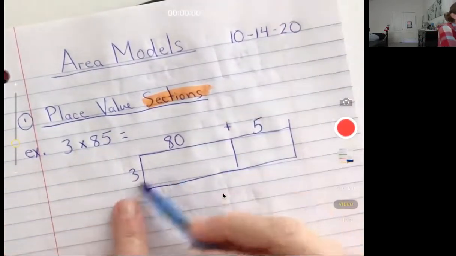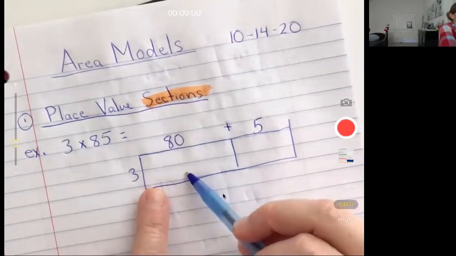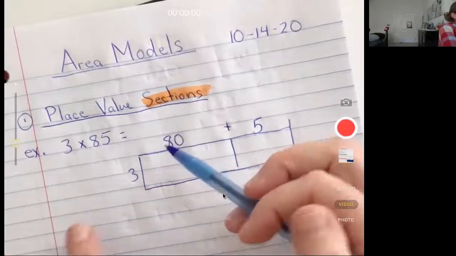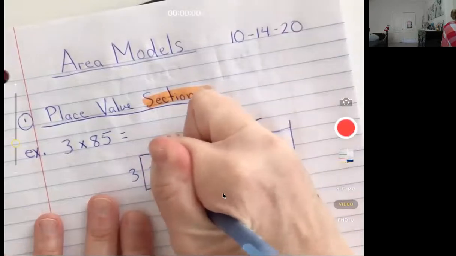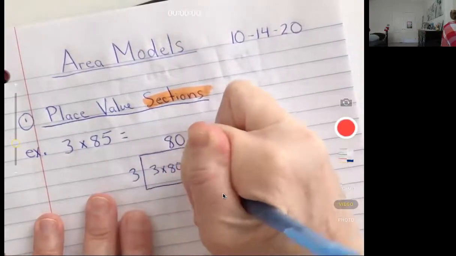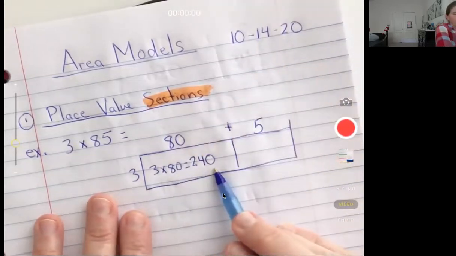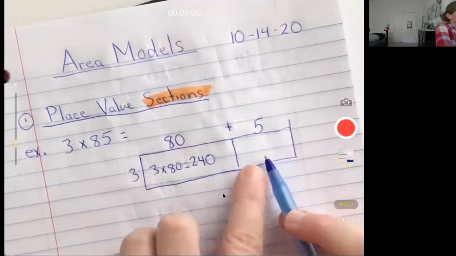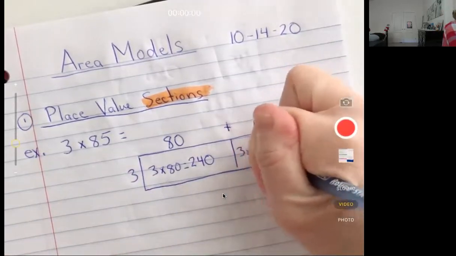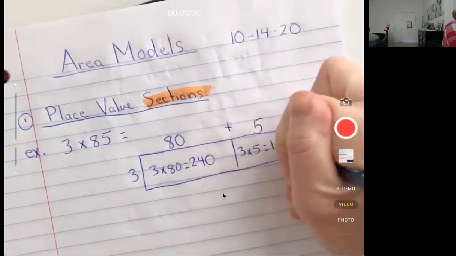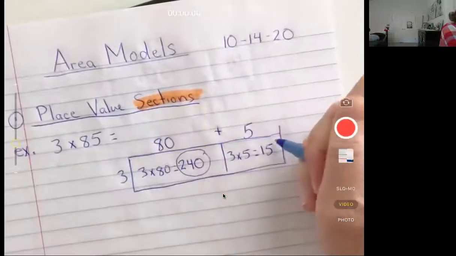Okay? Now we can do each section. Do you see the relationship? Sections, sections. There are 2. 3 times 80, I know 3 times 8 is 24, and I'll add the 0, making it 240. The second section, 3 times 5, that should be quick and simple. That's 15. Now I get to put my 2 products together.